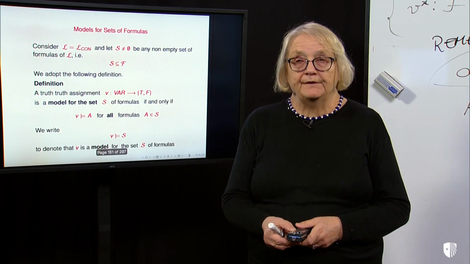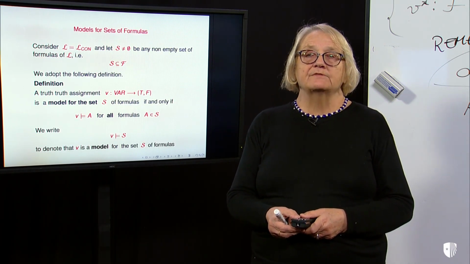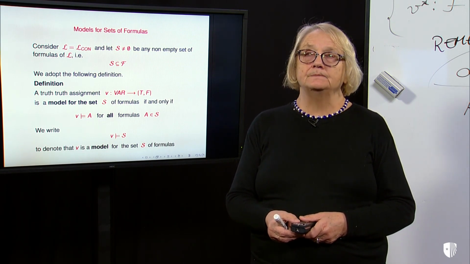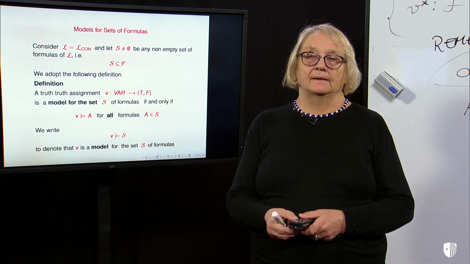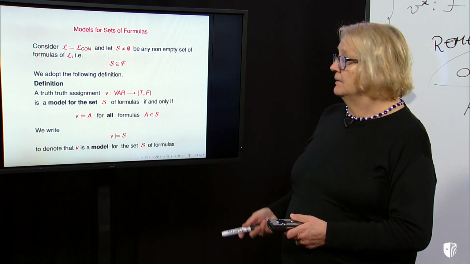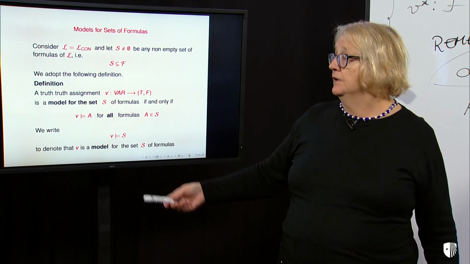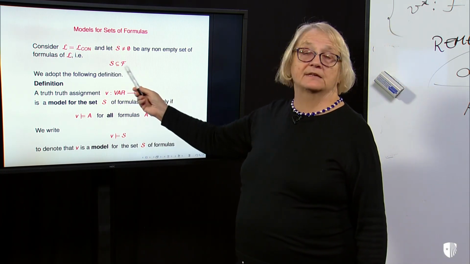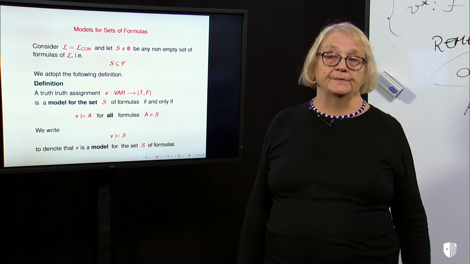So the next important notion is the models for a set of formulas. We say that a truth assignment, simple definition, is a model for a set of formulas. You have any set of formulas of our language.